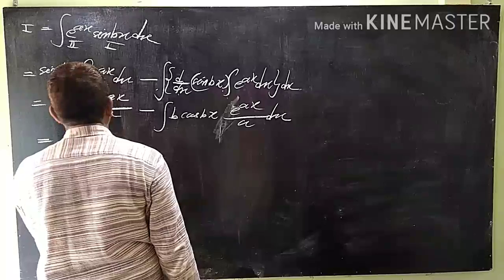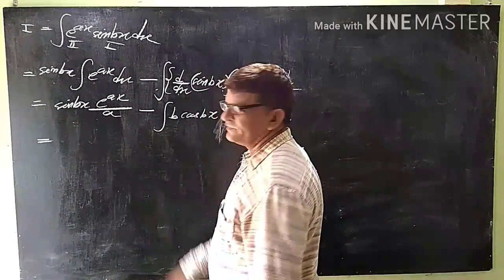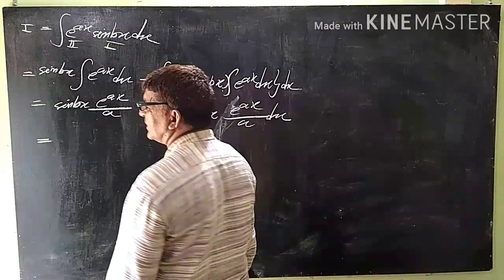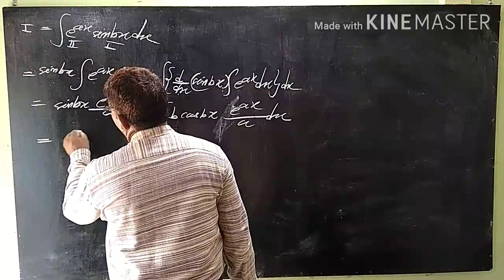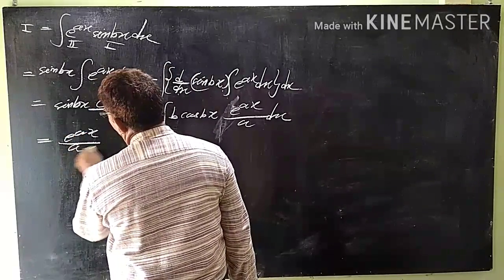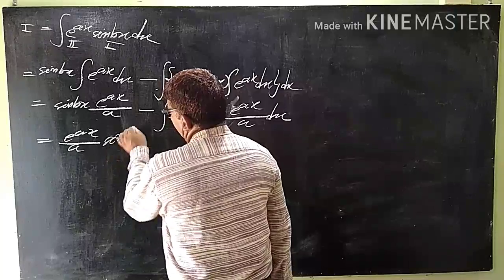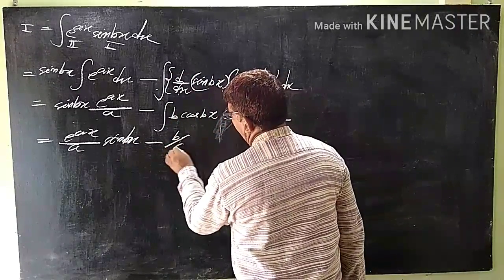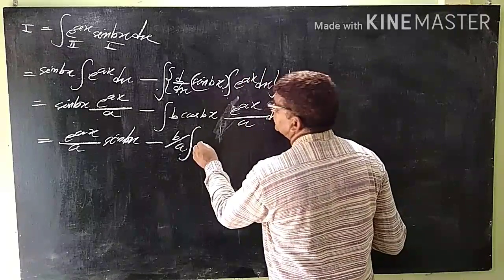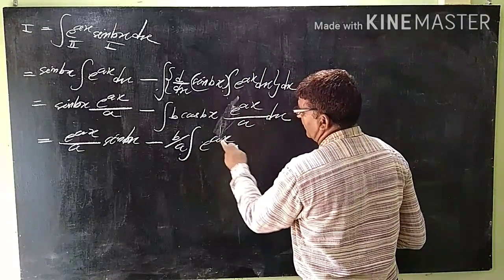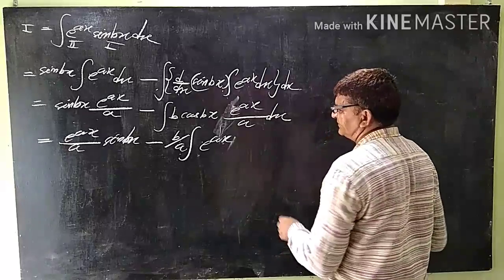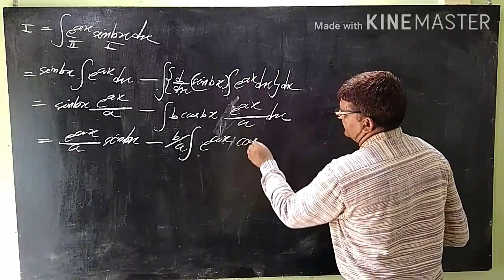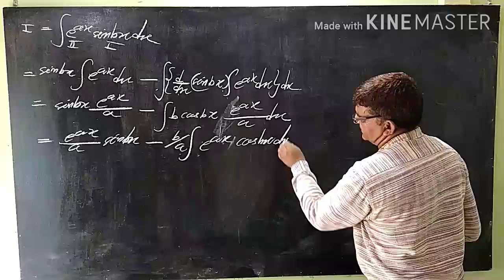Now taking b upon a outside the integration because it is constant, we get power of e ax upon a sin bx minus b upon a, e power of e ax cos bx dx.